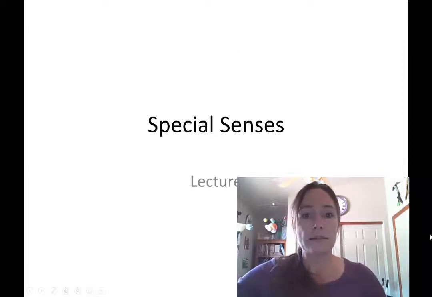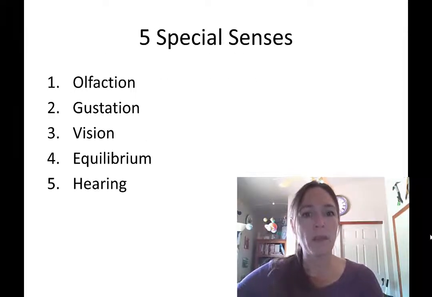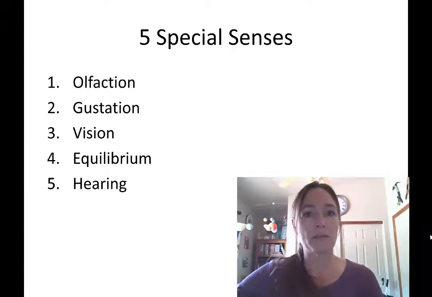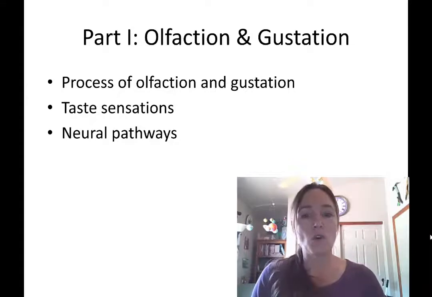For the special senses, we have three main parts that we went through. There are five special senses: olfaction, which is smell; gustation, which is taste; vision, which is sight; equilibrium, which is balance; and hearing. For olfaction and gustation, you should know that both smell and taste require the molecule to be dissolved.